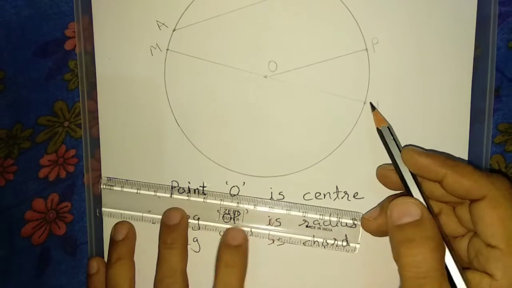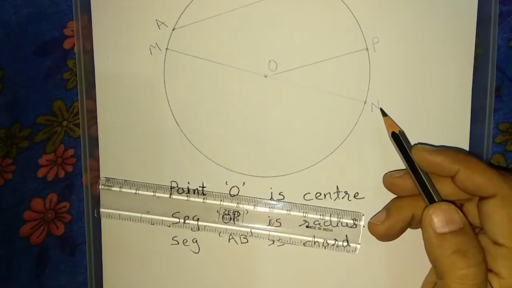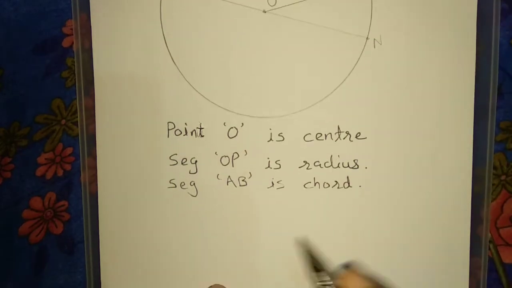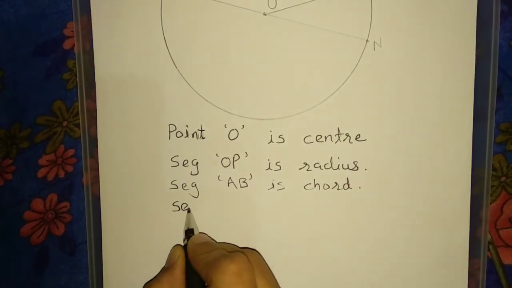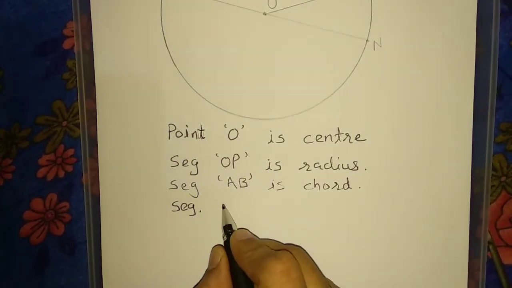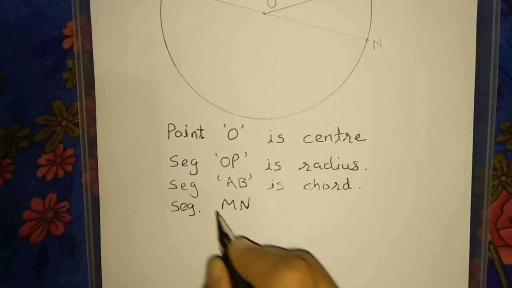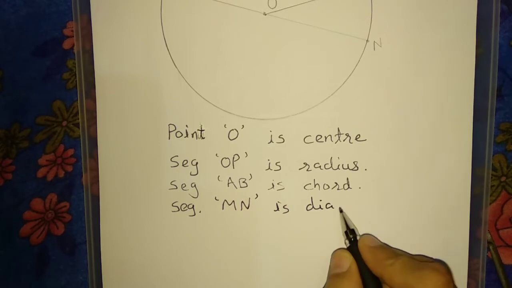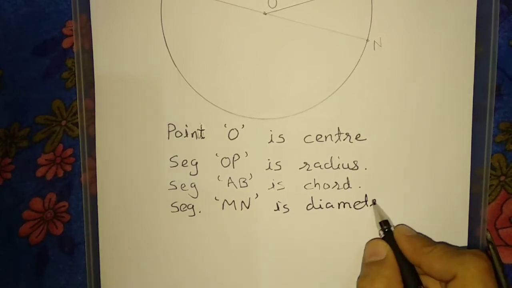Therefore, MN is diameter of a circle. Here segment MN is diameter.